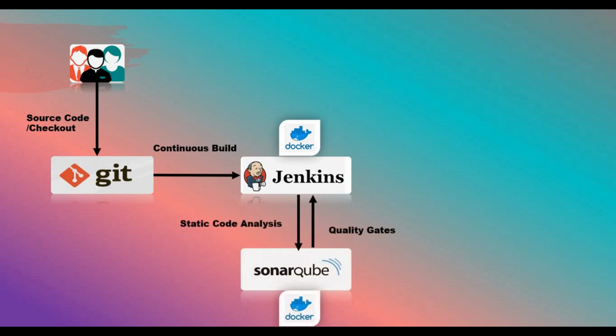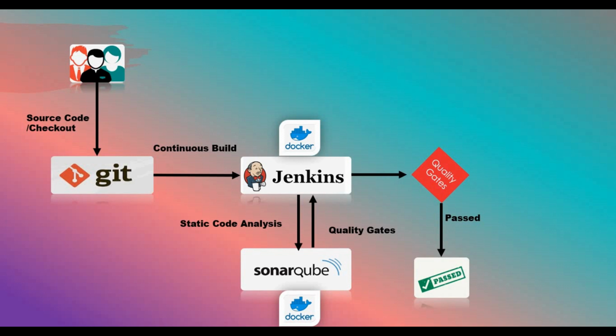Once the Jenkins job is run, the static code analysis will be done in SonarQube, which is also running in Docker, and we will have the quality gates configured in SonarQube. The quality gates will have two outcomes. Once the scan is completed, if the quality gates are met, it will pass. If not, it will fail. So this is how our workflow will be for this tutorial.